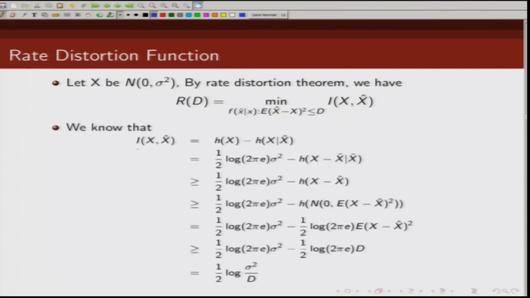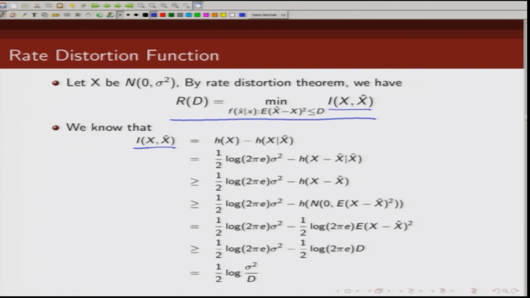Now let us compute the mutual information between X and X hat. So the way we are going to compute this rate distortion function is as follows. We are going to lower bound this mutual information between X and X hat, and then we are going to show that this lower bound is achievable, and that is how we are going to show that that is the value of the rate distortion function.